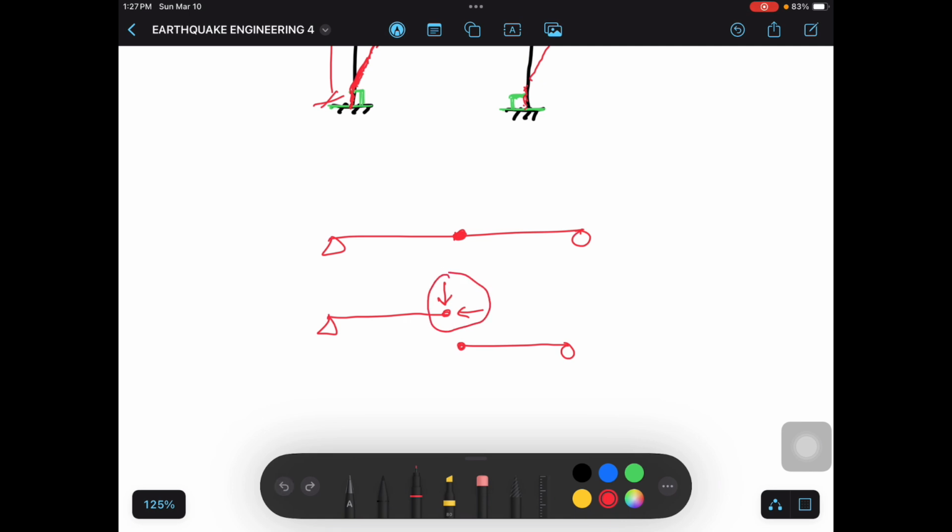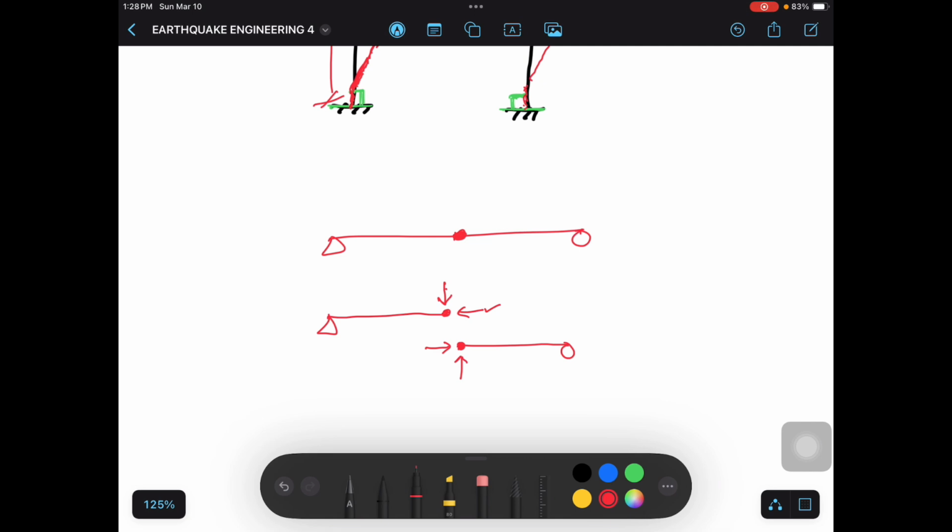Another to take note, these forces, ipapasa mo yan dito. So, these forces are the same forces kapag nilipat mo siya sa joint na to. Pero, ibabaliktad mo yung direction. So, ilagay mo siya doon. To the right na siya. At ito, ipapasa mo dito. Ito-transfer mo doon. Upward na siya.